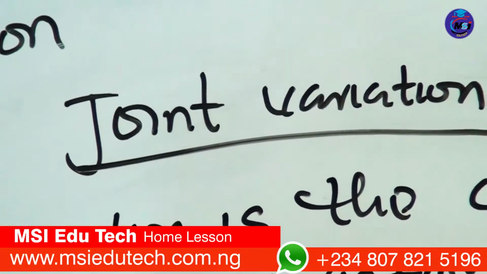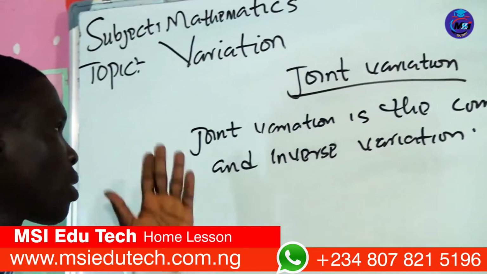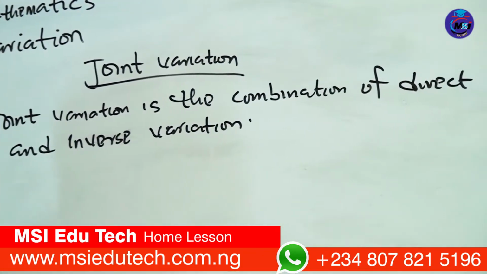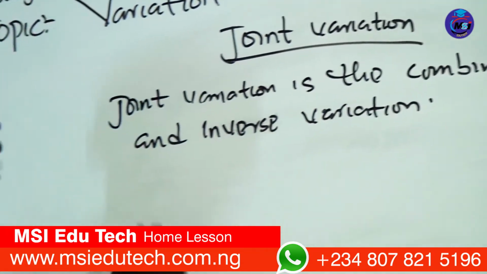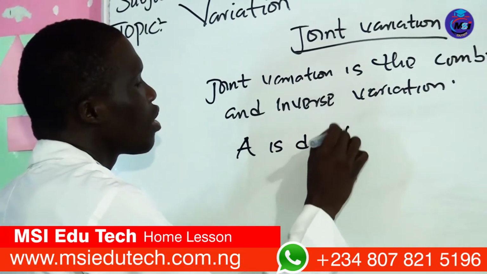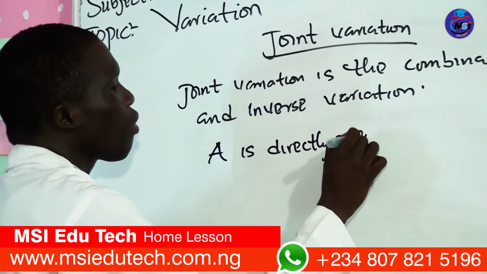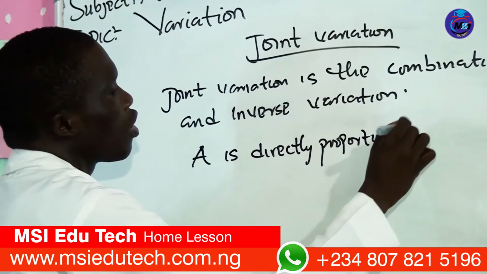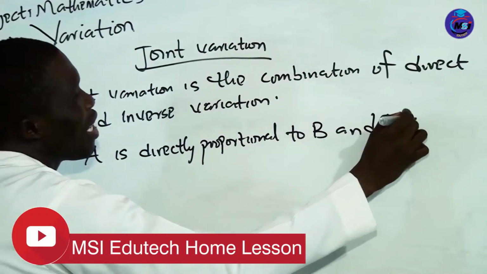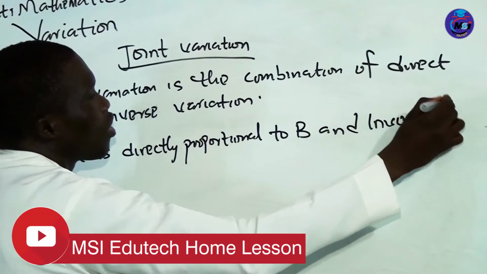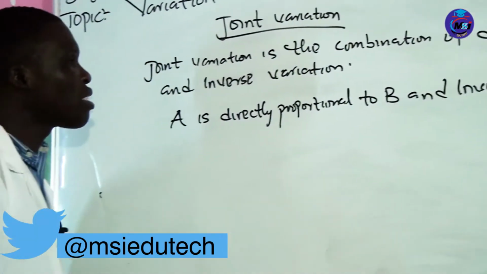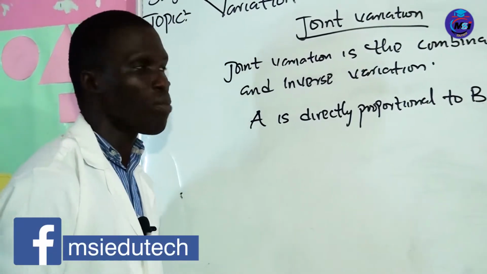Okay, class, we want to look at joint variation. Joint variation is the combination of direct and inverse variation. For example, we have A is directly proportional to B and inverse to C. How can we represent this in mathematical form?